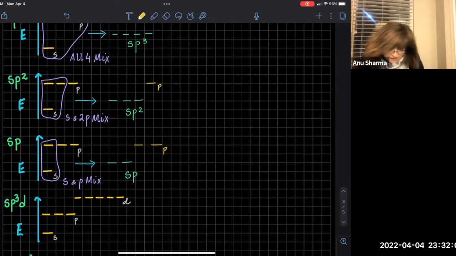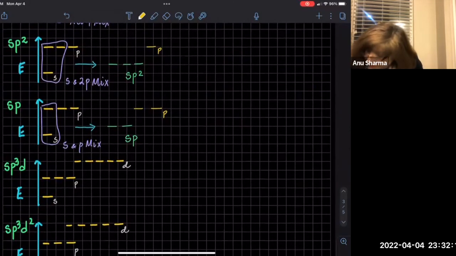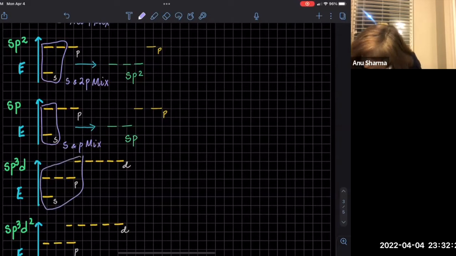Now let's look at the sp3d. Now sp3d is, in this case, 1 S, 3 P's, and 1 of the D's mixing. So 1 S, 3 P's, and 1 D mix. And when they mix, what happens?